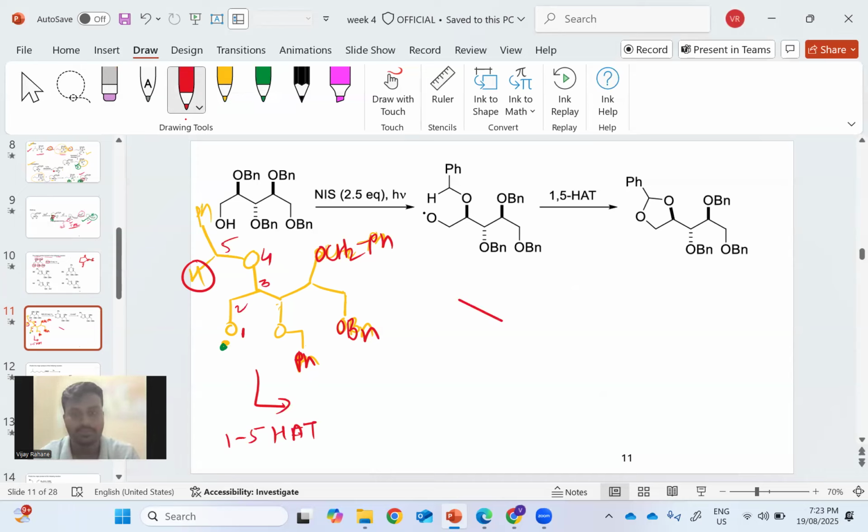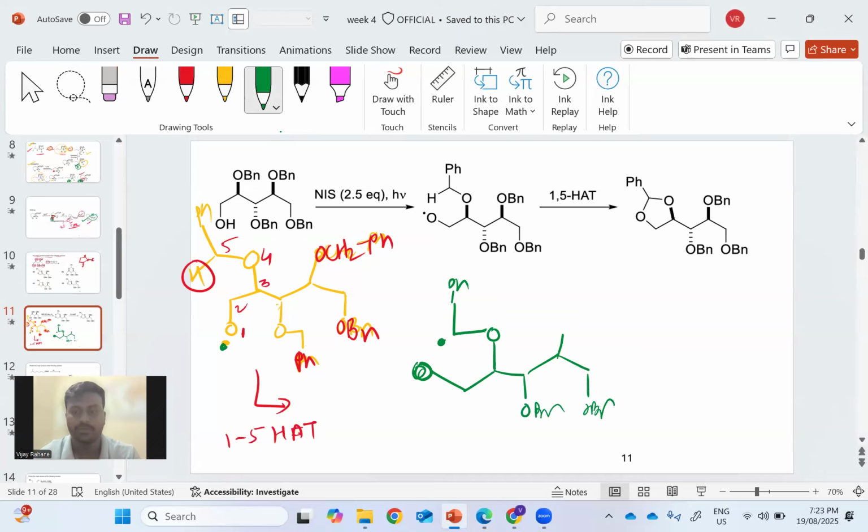So this will be the intermediate step, in which this is the Ph, and the radical is now on this one, and again there was oxygen, CH2, and O. The remaining groups, OBn, all remain unreacted up to here.